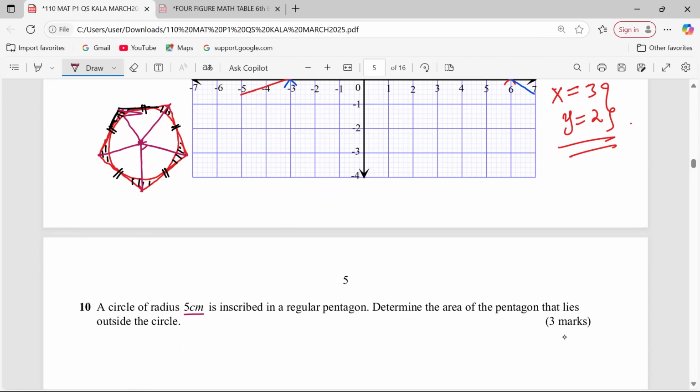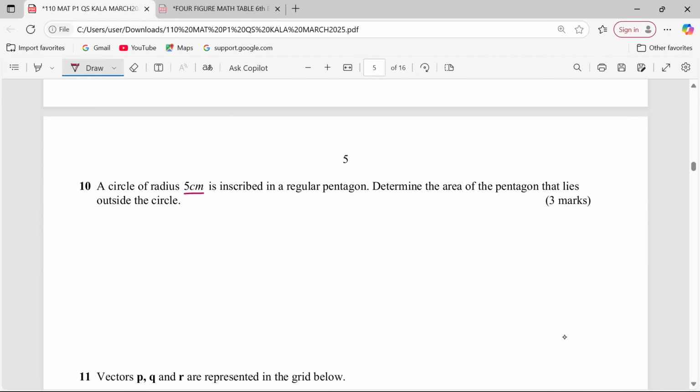So when you divide into 5 equal triangles, at the center of each triangle we can get the angle there by taking 360 over 5, which is 72. So we are having a triangle like this, whereby there is an angle of 72 at this point.